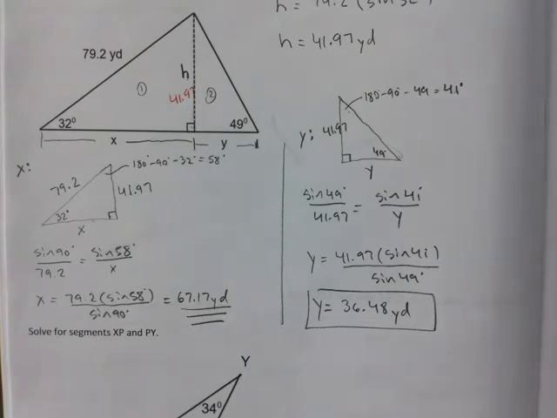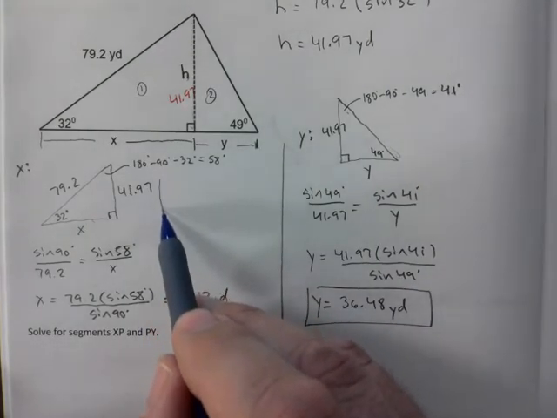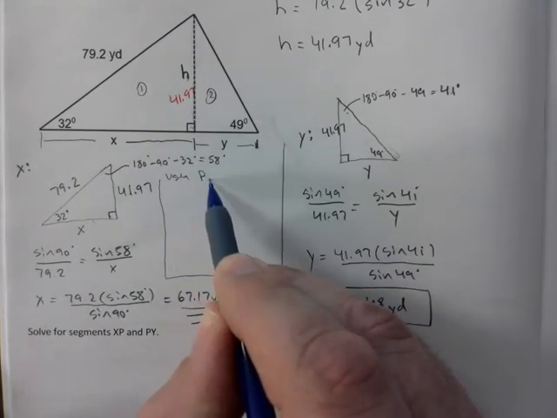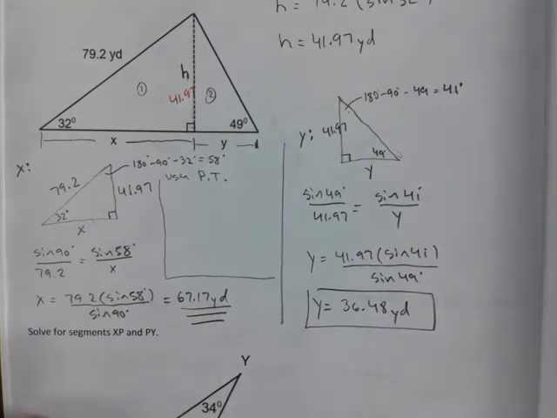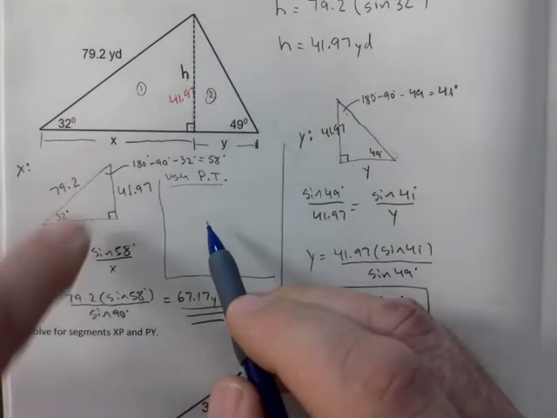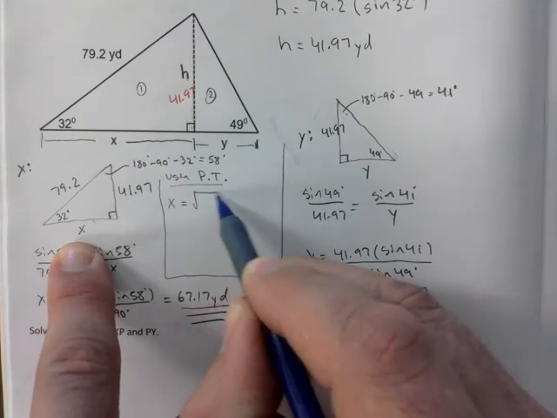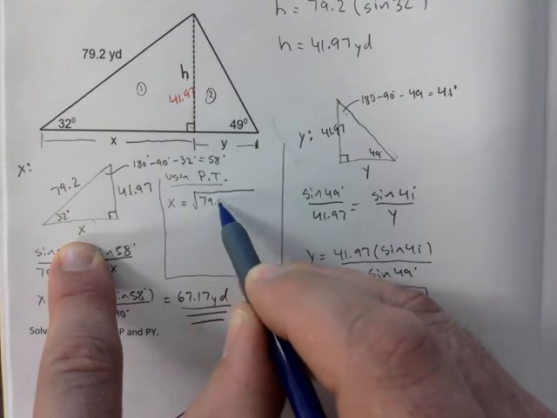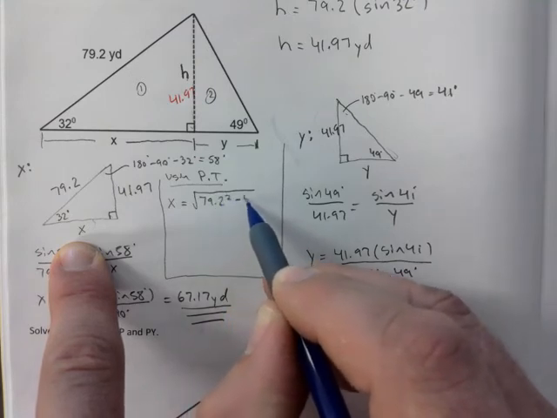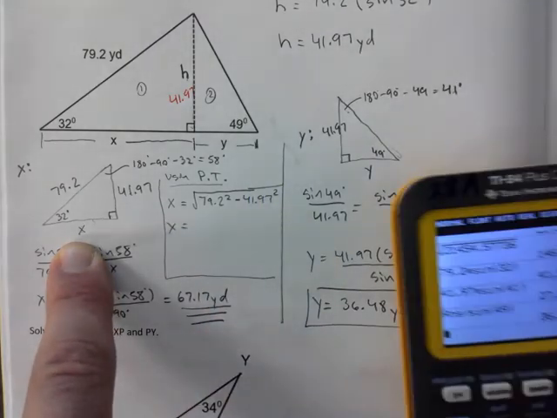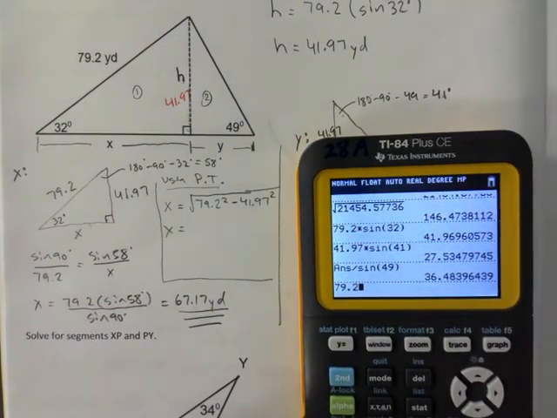Keep in mind that this could have involved different steps. This is optional: using Pythagorean theorem to find x, that's one of the legs. If you get the leg, you take the square root of the hypotenuse squared minus the other leg squared. Technically that should work out.